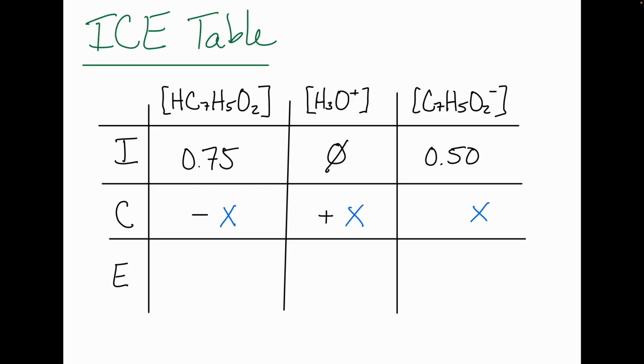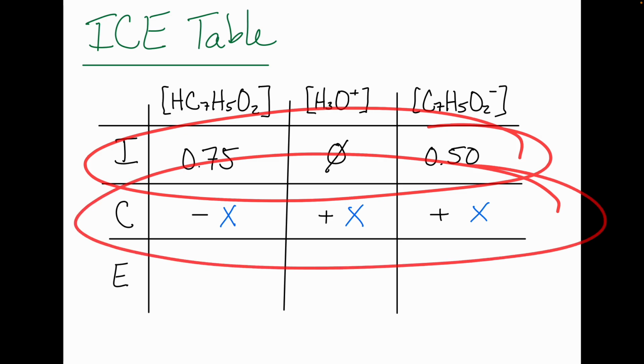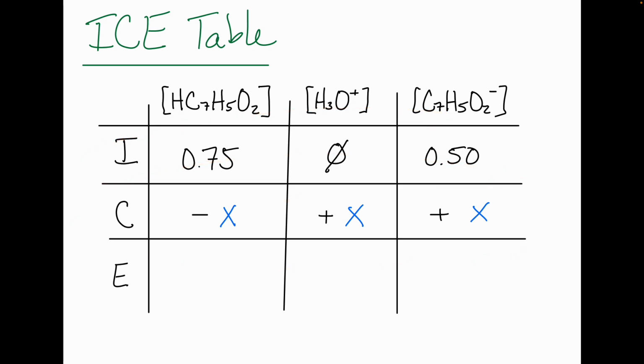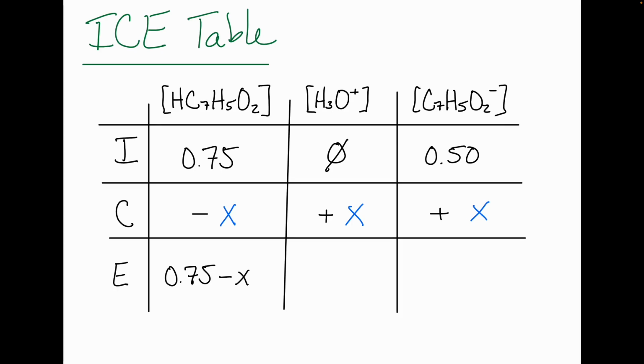My products have that positive sign. And then I get my E box by doing what? I'm going to take this row, add this row. Sum up those first two rows. So 0.75 minus x, x, and 0.5 plus x.